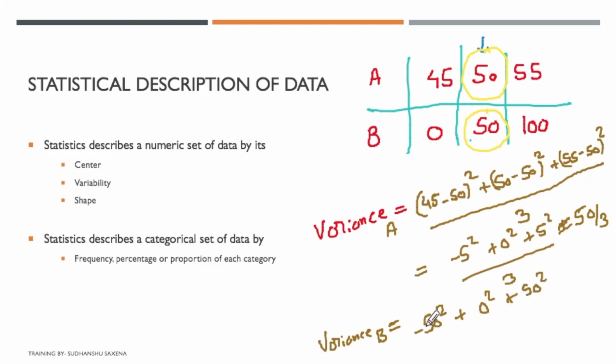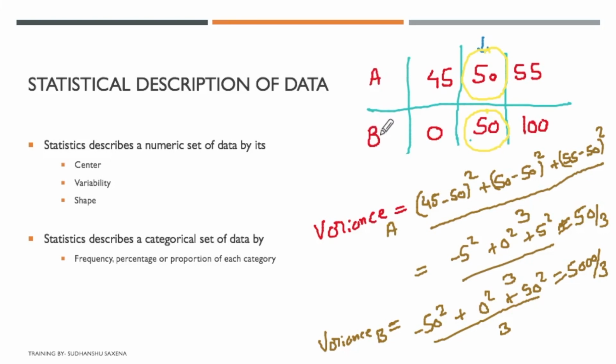If you calculate that, it will be 2500 plus 0 plus 2500, which is 5000, divided by 3. So the variance of A is 50 by 3, and the variance of B is 5000 by 3. This is the difference between the variances of the two data sets.